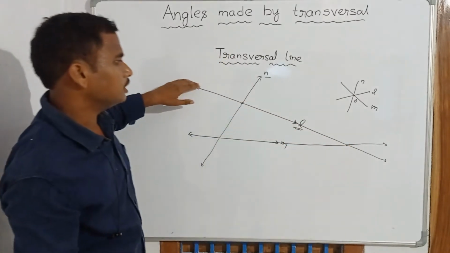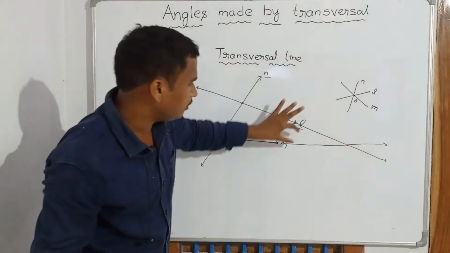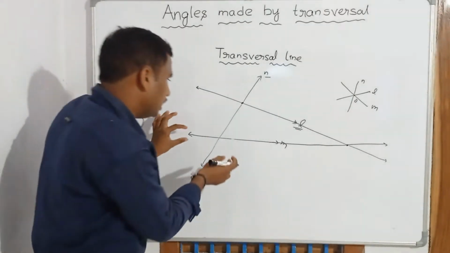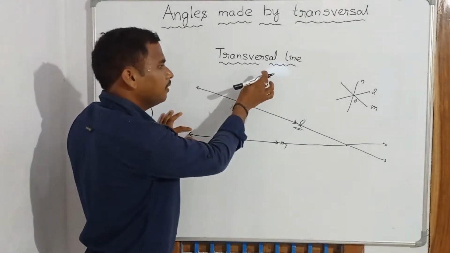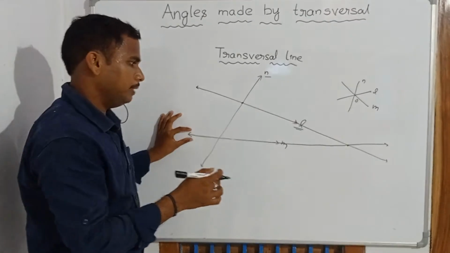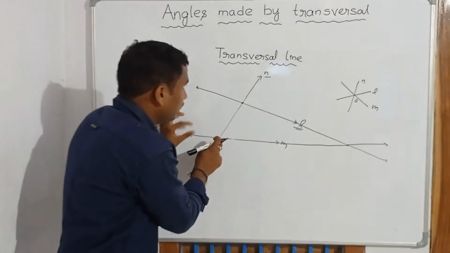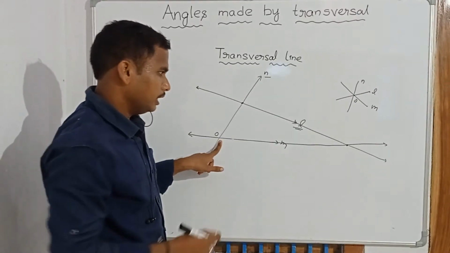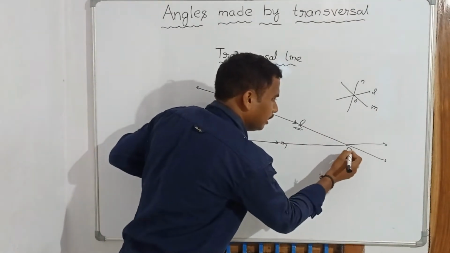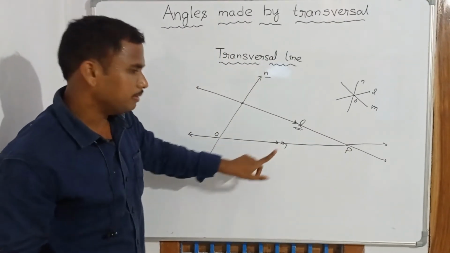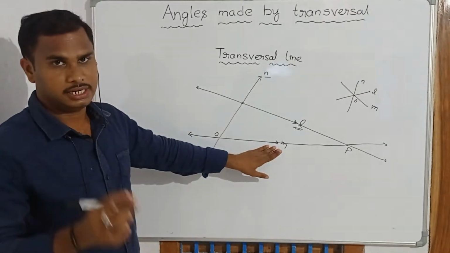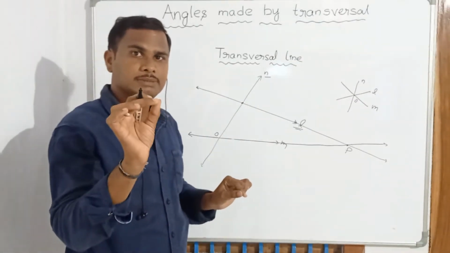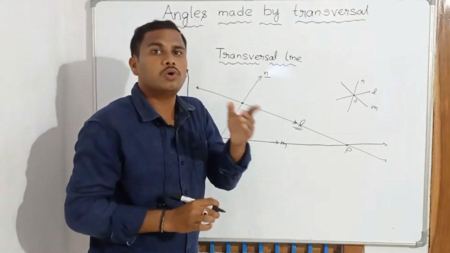That means L is also a transversal line of N and M. Next, M is also a transversal line of N and L because M intersects N line. For example, this is at O. M intersects L at P. That means M is a transversal line. Transversal line means a line is passing through two or more lines at distinct points. Okay.